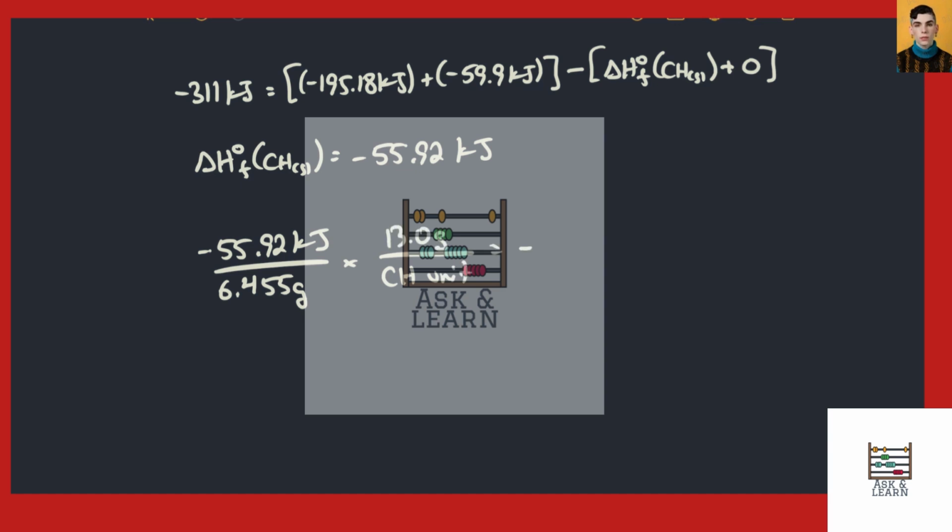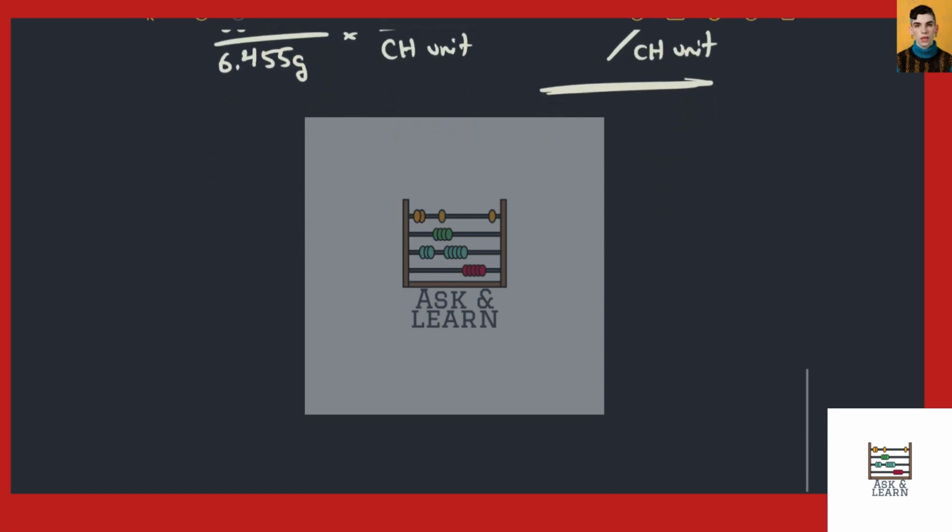This works out to negative 112.8 kilojoules per CH unit. And this would be the value of the delta H naught formation per empirical formula unit of the hydrocarbon.